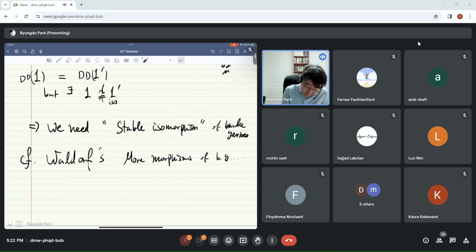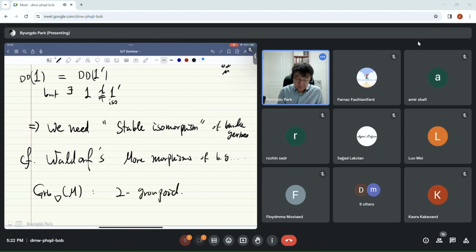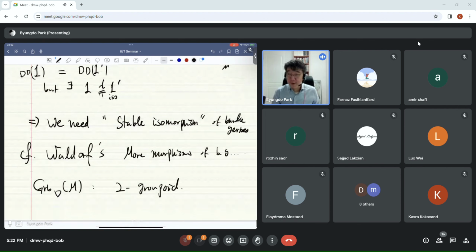So it gives rise to this gerb with connection on M, which is actually a 2-groupoid. You have objects as gerbs, one-morphisms as stable isomorphisms, and two-morphisms as the morphisms between two stable isomorphisms. Okay, so that's all I prepared for today.